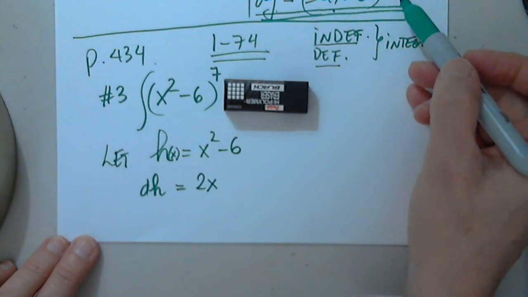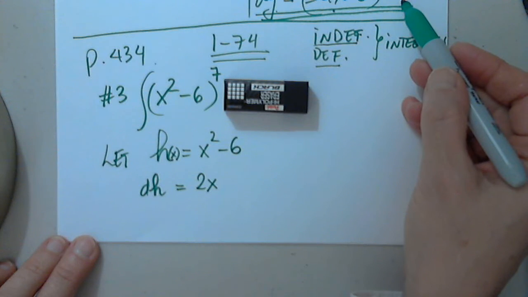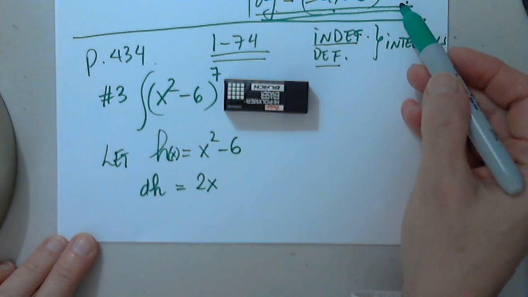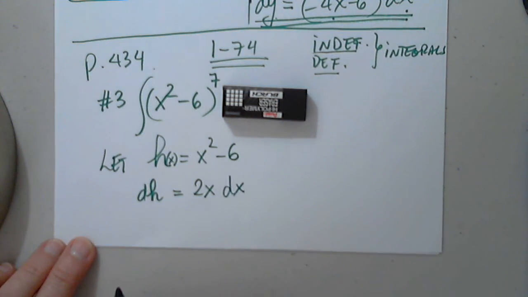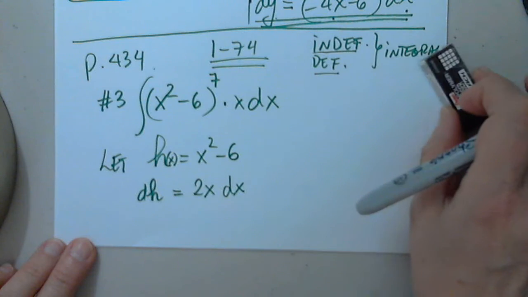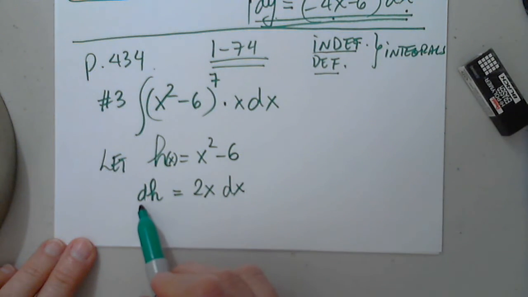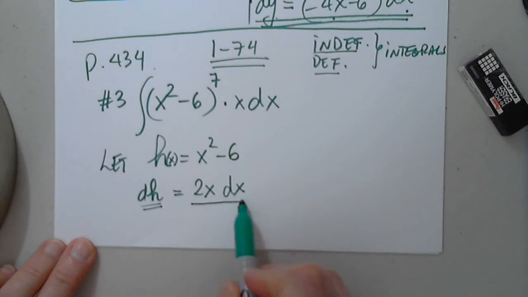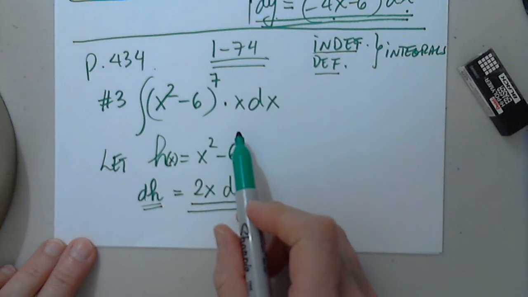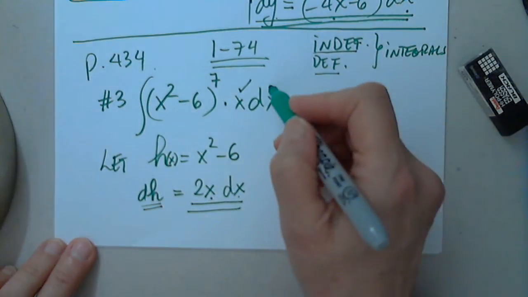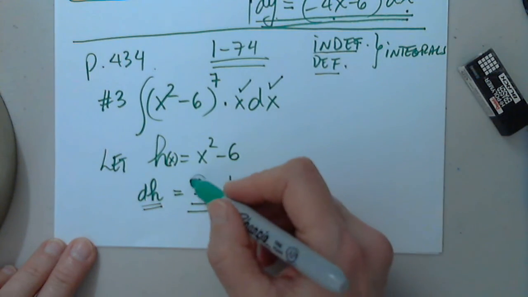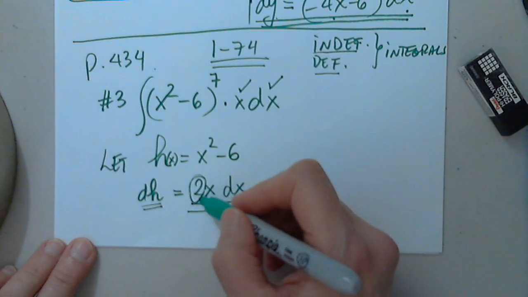And I have to multiply it by dx. Perfect. Okay, so then let's see if dh is in our problem. I see the x. I see the dx. Well, I only have a minor situation with the 2.